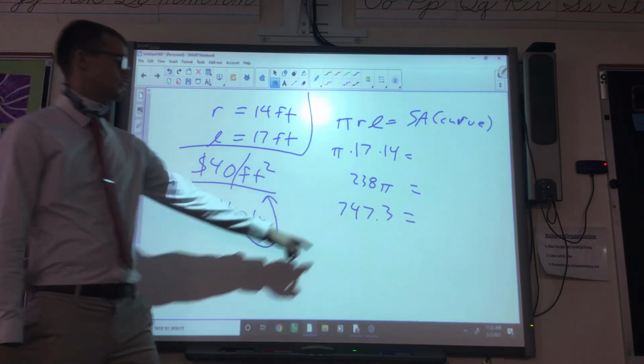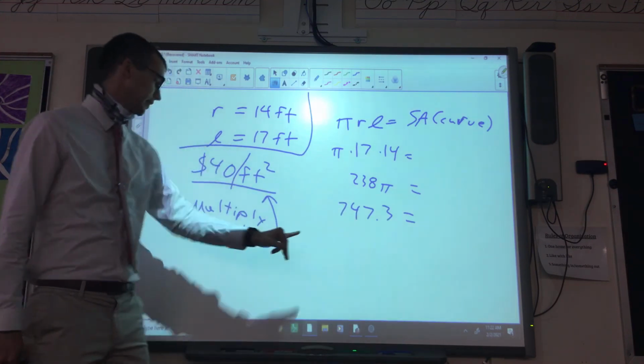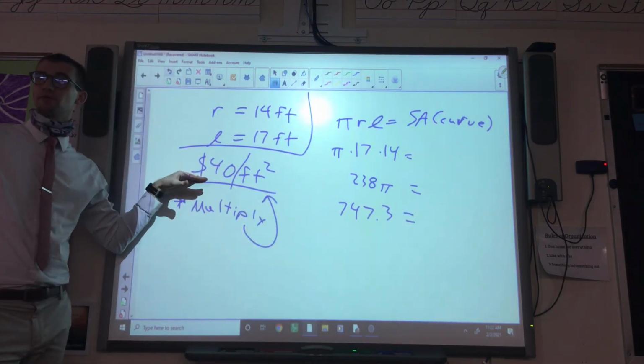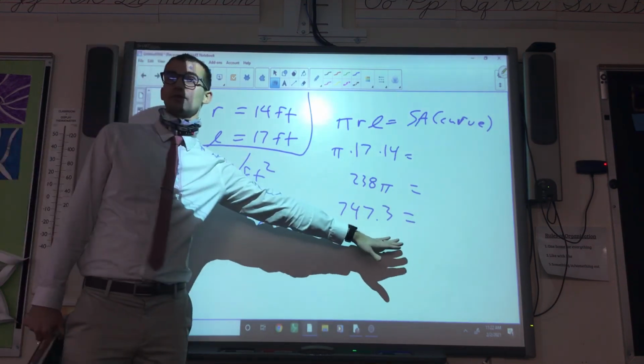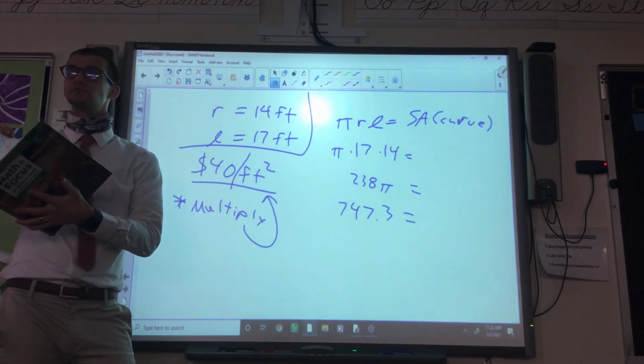So 747, I'm just going to say 747.3. If you wanted to be more exact, because we are multiplying this by 40 per square foot, this is 747.32 square feet.